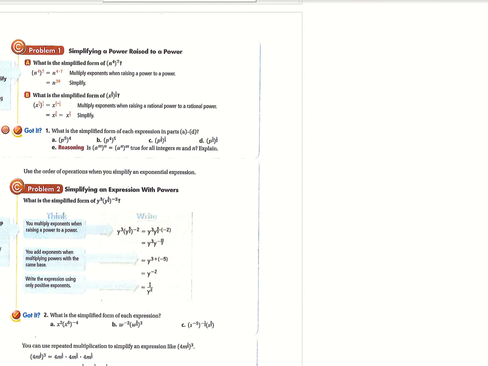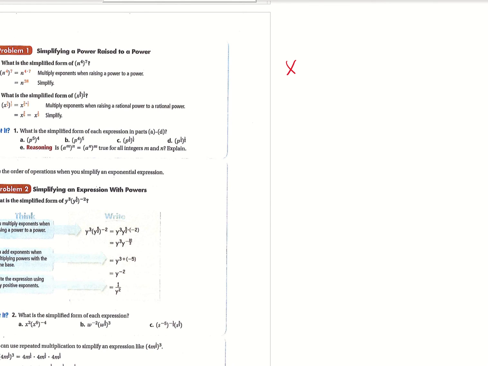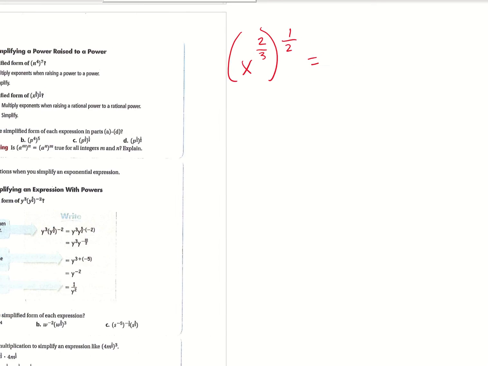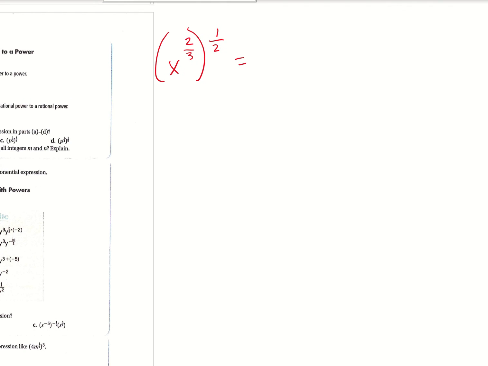Another good example is example B, where they have x to the power of 2/3, and then they raise it to the 1/2 power. That one's good. Now we're just doing x to the 2/3 times 1/2, which will give us x to the 1/3.